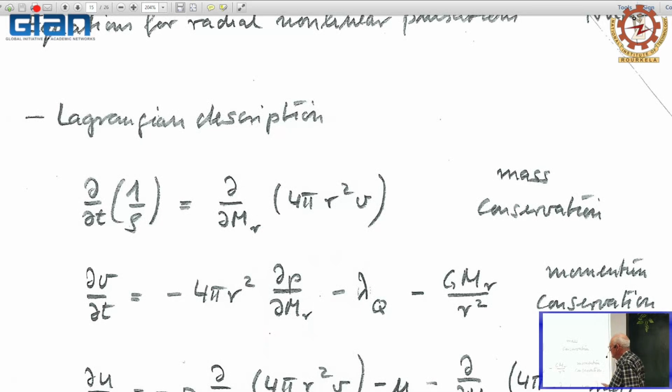Then we have momentum conservation. The acceleration is given by the difference of the pressure gradient and the gravity. There is a term lambda q, which is introduced to avoid difficulties once we have a shock wave appearing. Shock waves cannot be represented by an ordinary numerical scheme.